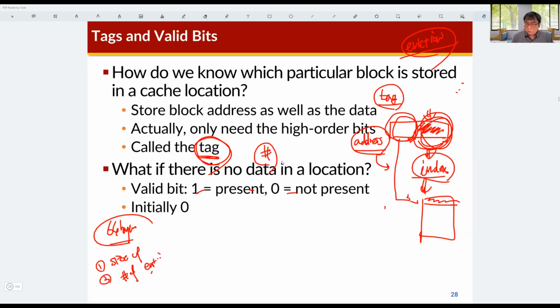The cache stores the upper part of the address as tag, and by comparing this tag with the requested data from the processor, the cache identifies whether the requested data is stored or not. So you need to remember that only the upper part of the address is stored as tag inside of the cache.